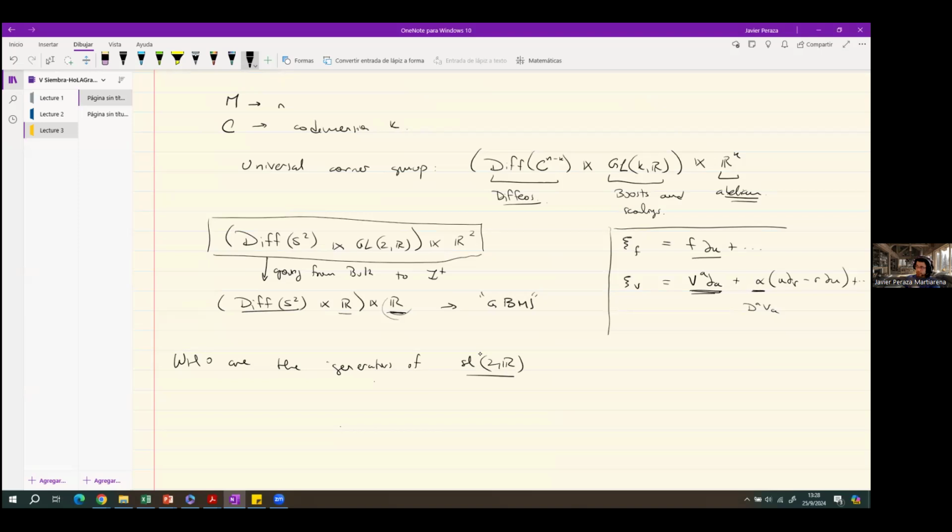The generators of the SL2R part of this whole group of transformations are exactly u ∂_r minus r ∂_u, ∂_u, ∂_r, then you have r ∂_u, and then you have u ∂_r. So these are the generators of this part of the thing. And this is kind of the usual thing. If you call it this way, then you recover the usual brackets between these guys.